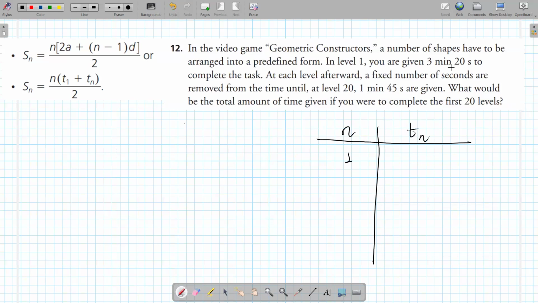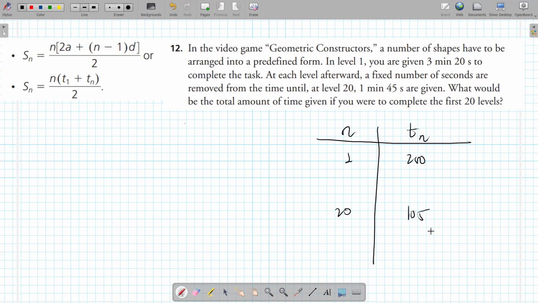What's 3 minutes and 20 seconds in terms of seconds? It's 320 seconds. No, it's not. Try again. How many seconds are there in 3 minutes and 20 seconds? 200. And then at T20, we're given 145, so that's 105, right?